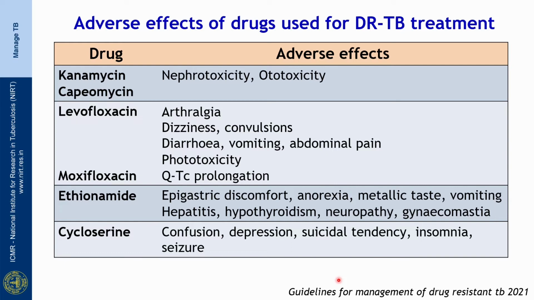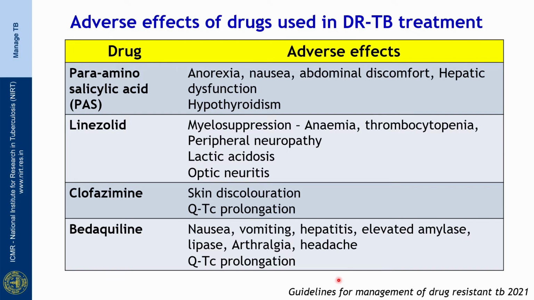Cycloserine needs psychological counseling as well as psychological evaluation to look for confusion, depression, suicidal tendency, insomnia and seizures. PAS again has abdominal discomfort with anorexia and nausea, hepatic dysfunction as well as hypothyroidism. Linezolid causes myelosuppression, so we have to look at CBC, especially hemoglobin and platelet counts, and look for peripheral neuropathy as well as optic neuritis and lactic acidosis.